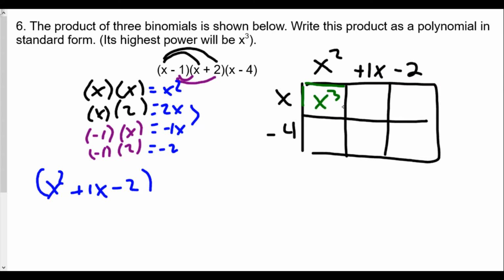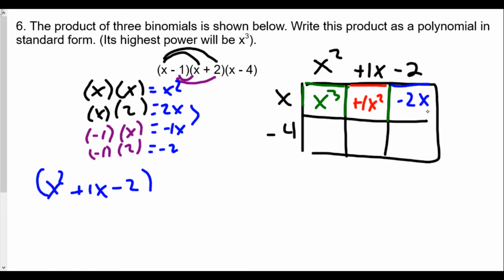And we'll have x times 1x, and so that'd be 1x squared, and then x times negative 2, and that'll be negative 2x.